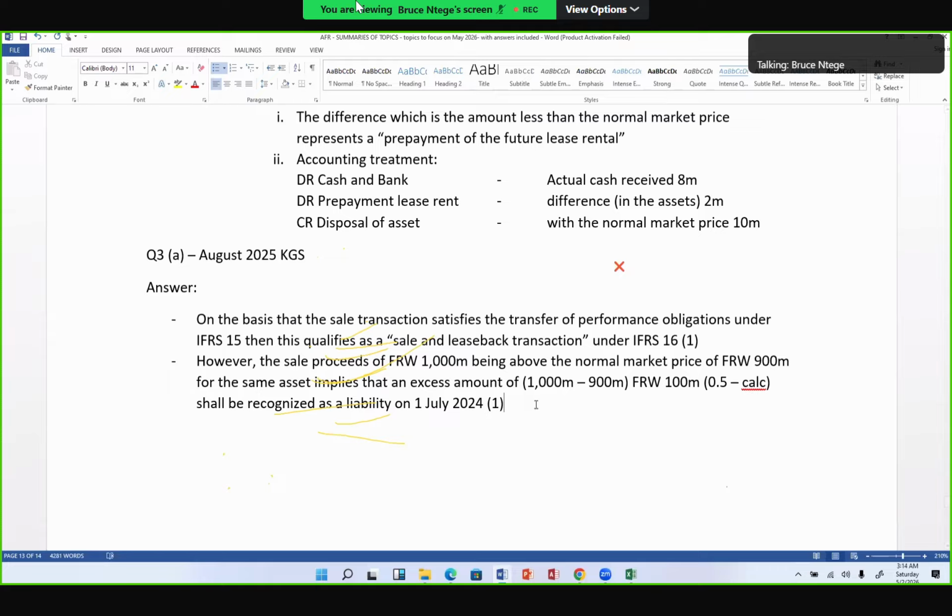Then you are saying that the 100 million, that excess amount received, will also be included in the computation of the present value of the future payments, because you've not yet computed it.